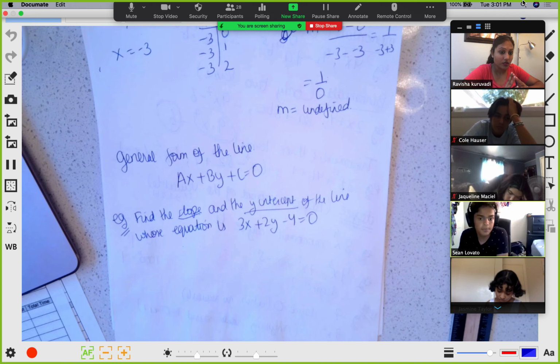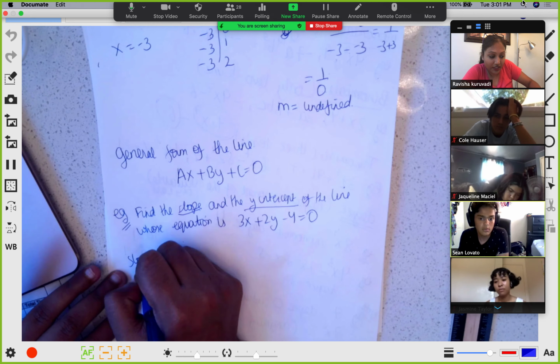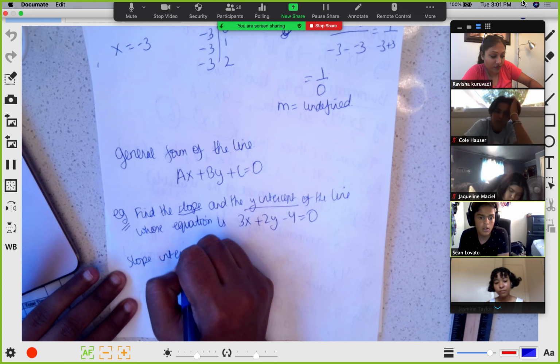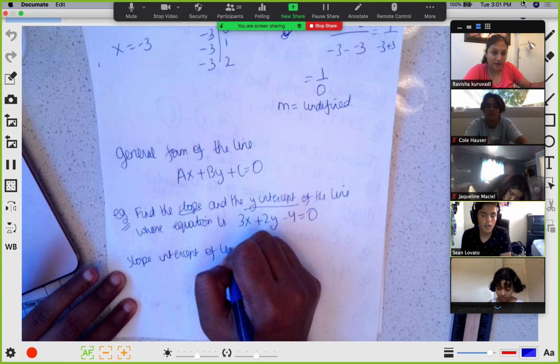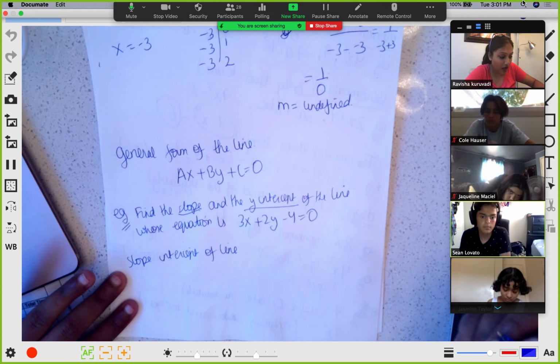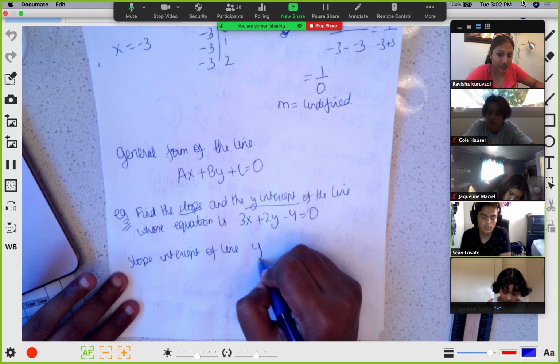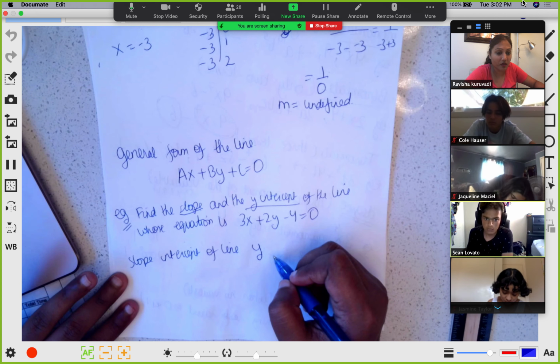I don't really know. Did you make notes? No, I did. I'm just not really sure what you're saying right now. Okay. So I wanted to find what is the slope-intercept form of the line. What is the equation of slope-intercept form of the line?